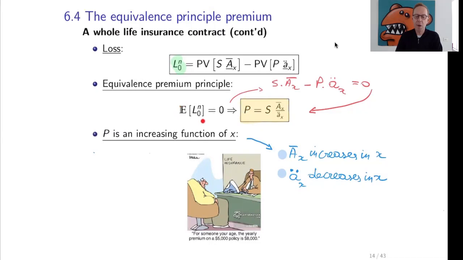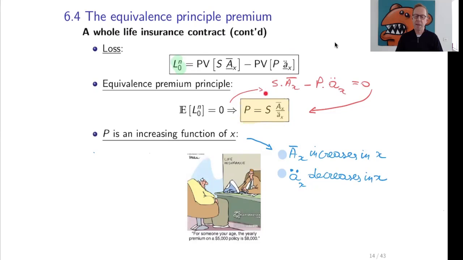So we take the expected present value of the loss, and we get the expected loss is equal to S times Ā_x minus P times ä_x. This must be equal to 0. That's the equivalence principle, and from that we find the premium.